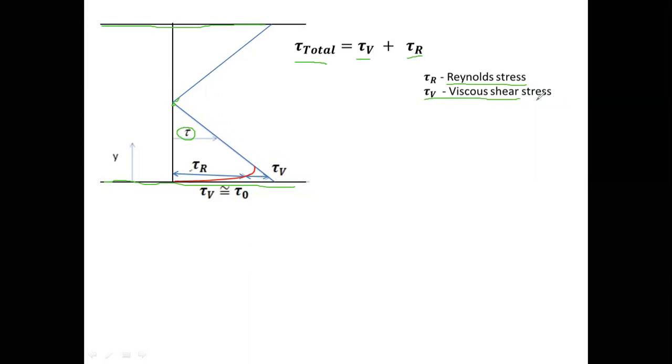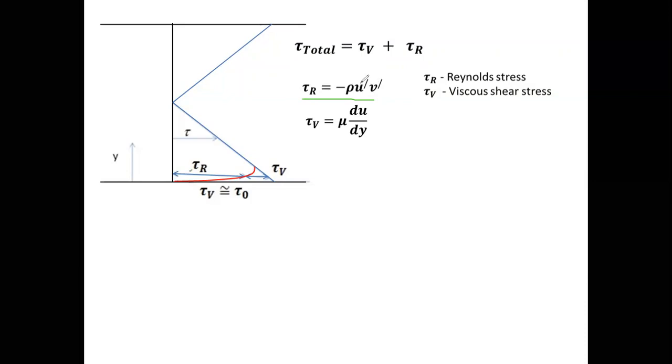The important thing is that, according to experiments, we can prove that this tau r component equals minus rho u dash v dash. What is this u dash?